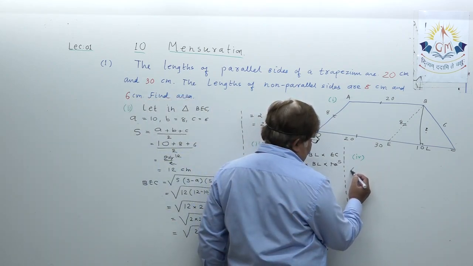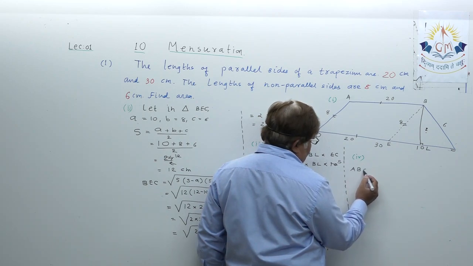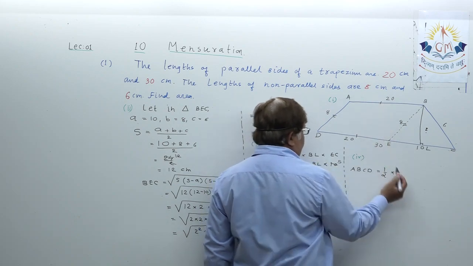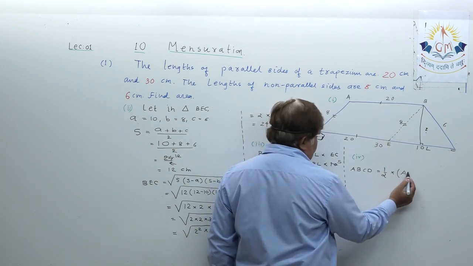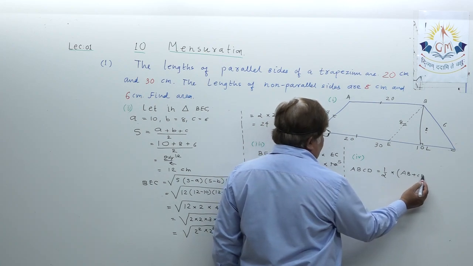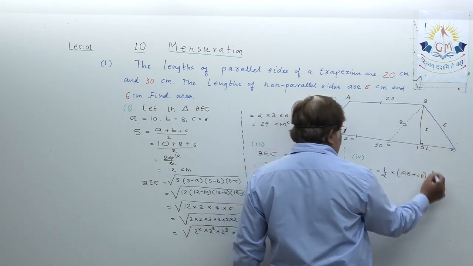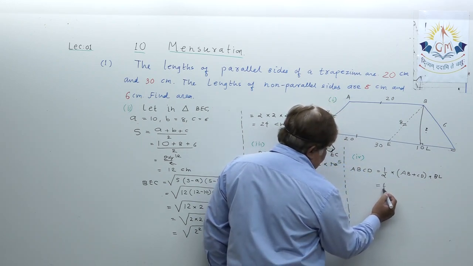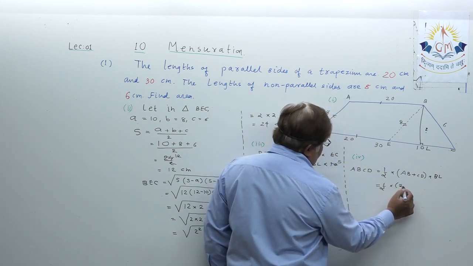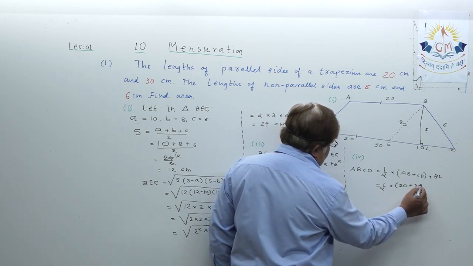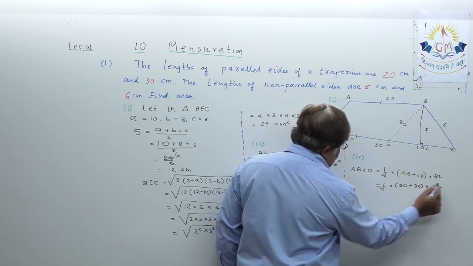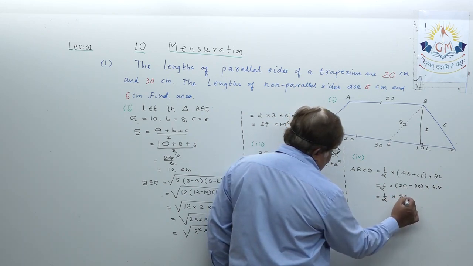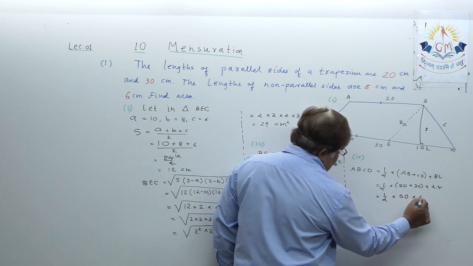Area of trapezium ABCD equal to half into sum of parallel sides AB plus CD into distance between parallel sides. Let us substitute the values: 20 plus 30 into BL, that is 4.8, half into 50 into 4.8.